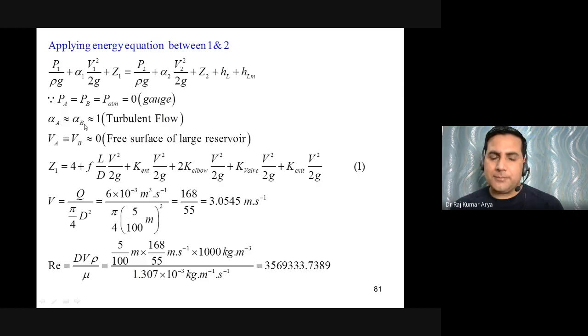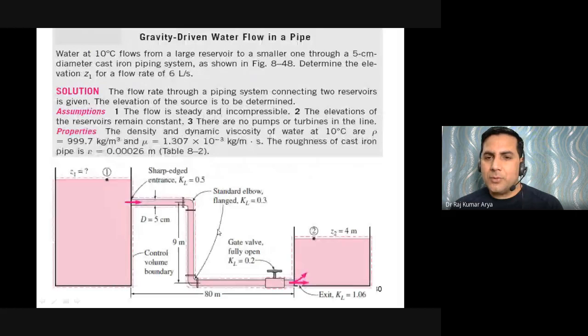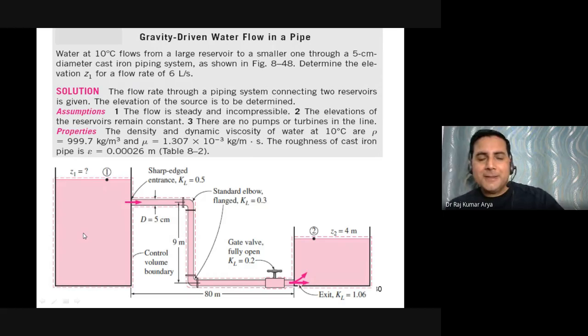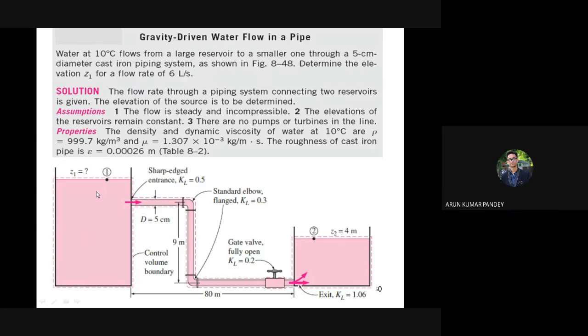So if you substitute that here, you will get Z1. Now Z2, you know, is 4. Can you see from here Z2 is 4 or not? Z1 कितना है? Z1 calculate करना है. हाँ? Z1 we have to calculate, we don't know it.